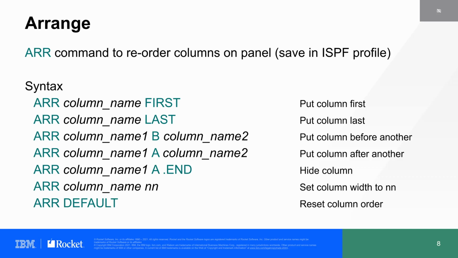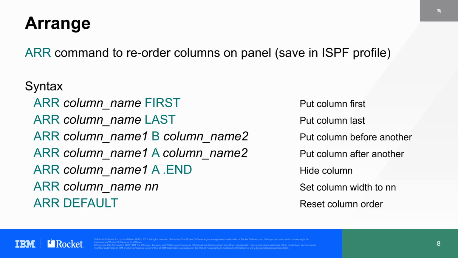If you want more precision for numerical values, you can change the width of the column: you just type in ARR, column name, and then a number, and that will set that column width to that number. So if you've got a fullword number, you might want to set it to 10, and you will see all of the digits that it could possibly contain. While experimenting with this, of course, you might screw things up.